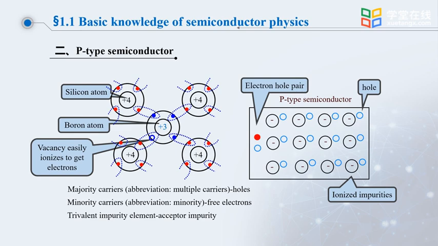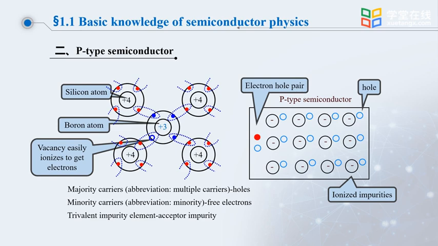As the doping concentration increases, the concentration of holes becomes higher and higher, much higher than the hole concentration in the intrinsic excited state. So holes are the majority carrier, and the free electron is the minority carrier. Trivalent impurity elements are called acceptor impurities.